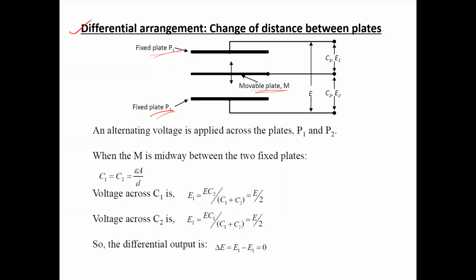When the movable plate is at equal distance d with respect to both the fixed plates, and some voltage is applied with the movable plate M located at the center, then both the capacitances will be equal, C1 and C2.